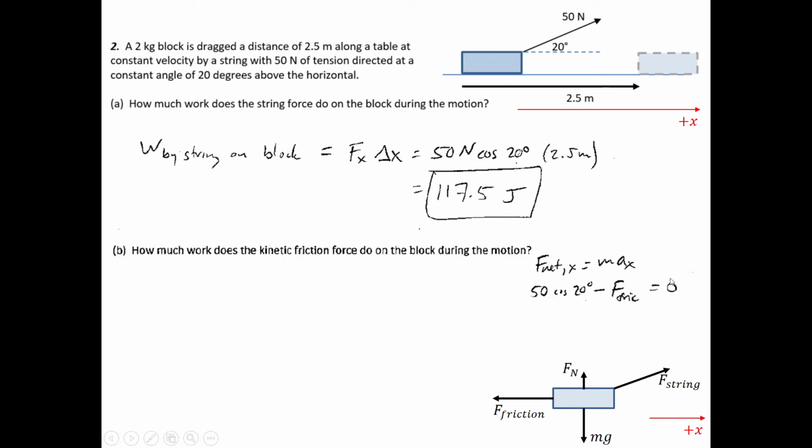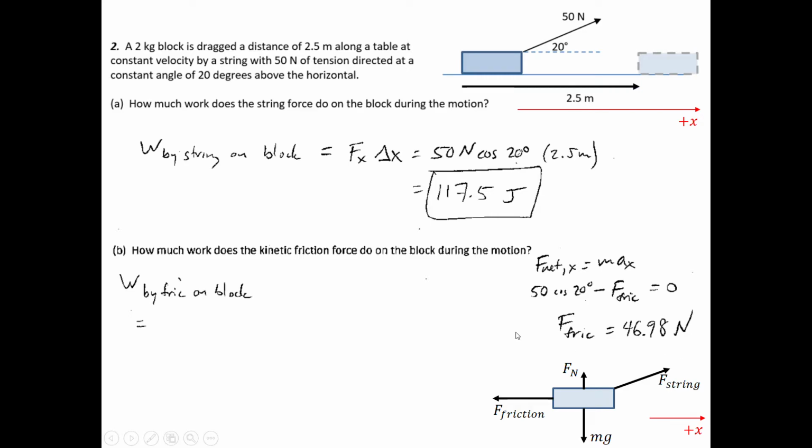Ax is 0, so the right-hand side is 0. The string force comes in with a positive sign, and that's 50 times the cosine of 20. And the friction force, that's what we're trying to solve for here, comes in with a minus sign. They add to 0. And if we run that in our calculator, we get 46.98 newtons is the magnitude of the friction force.